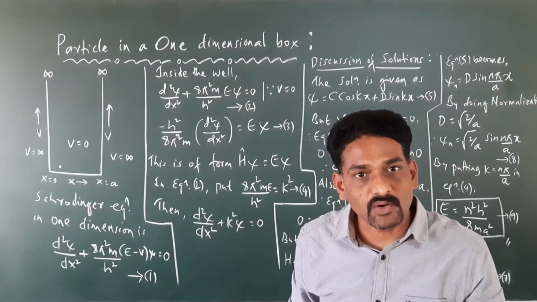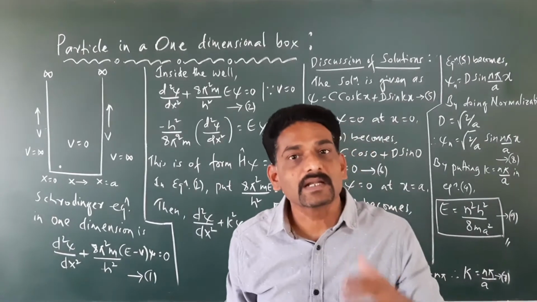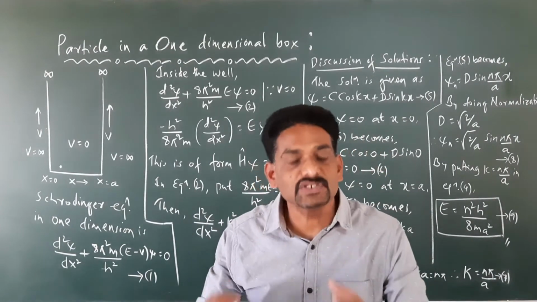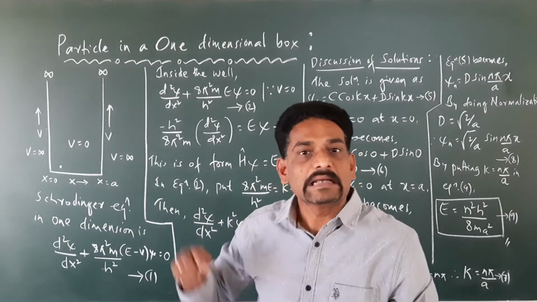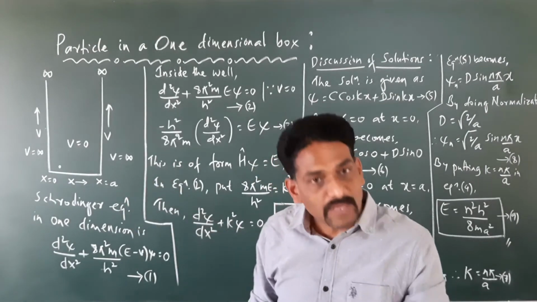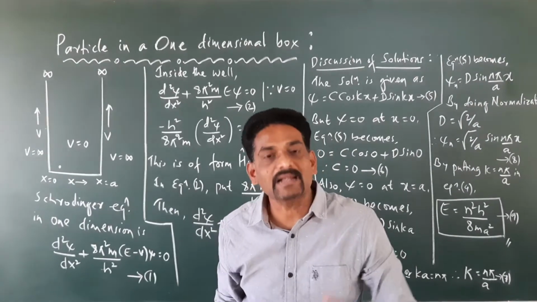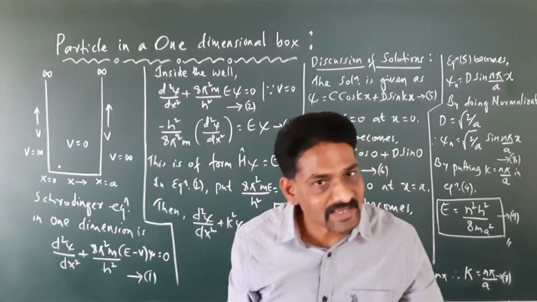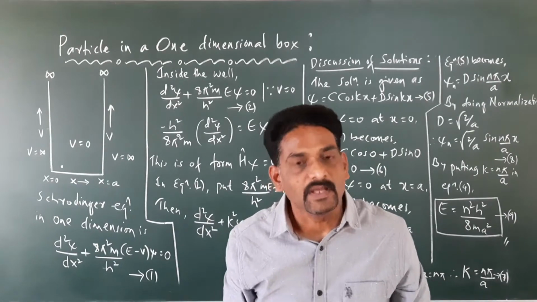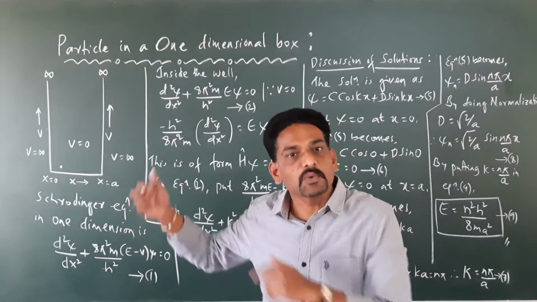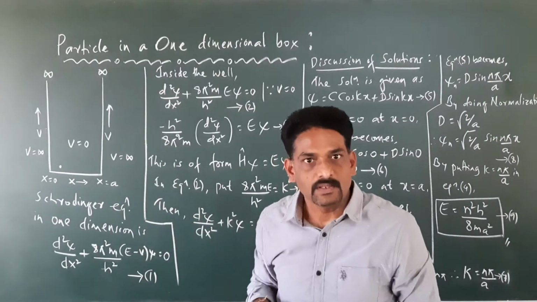We calculate it using the time-independent Schrodinger equation, and from that we draw certain conclusions and compare that energy with the classical concept. So we'll try to understand what this is all about.